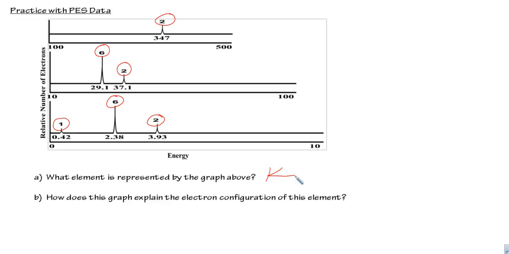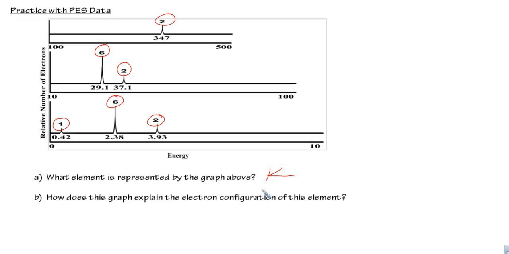Well, they must be paired together in the same orbital, because electrons in an orbital together are obviously equal energy. And then I have this tall peak with the 6 on top. Those must represent p electrons. There are 6 electrons that all seem to carry the same amount of energy. So it takes the same amount of energy to remove them.